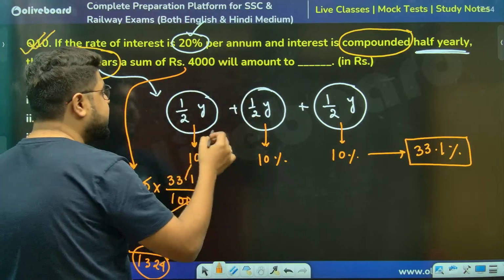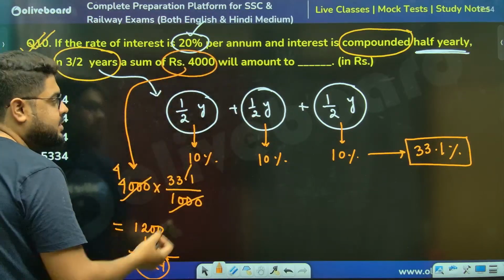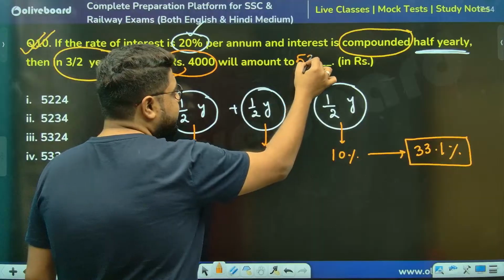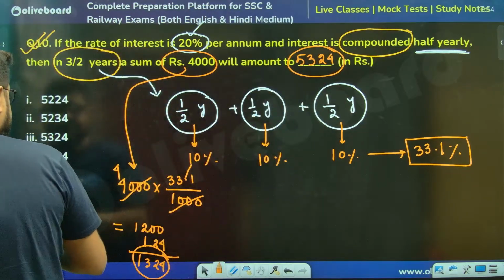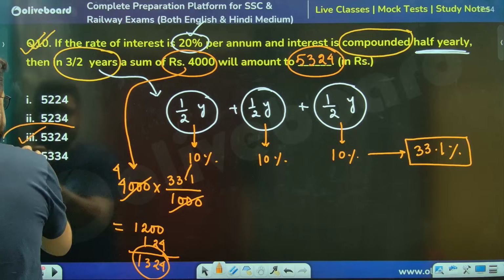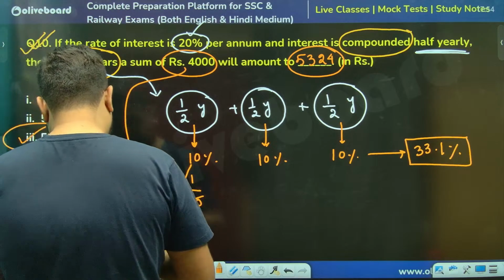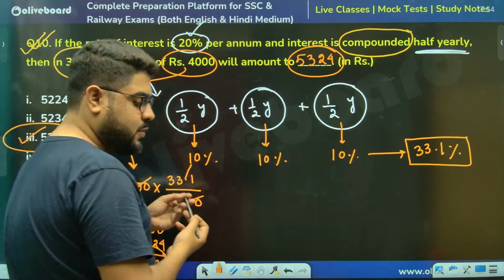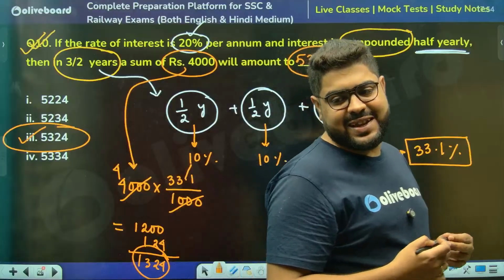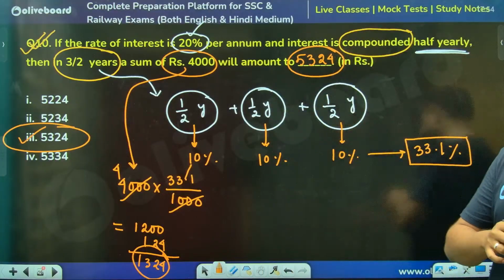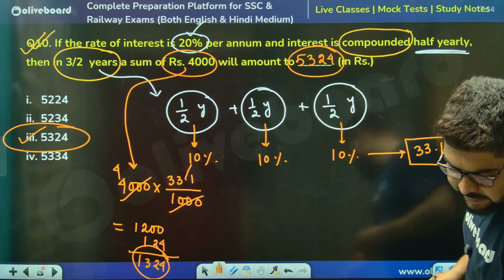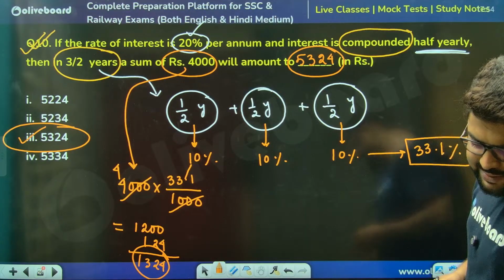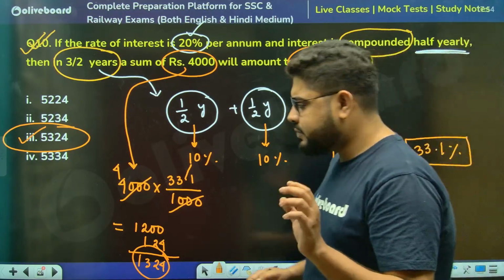The amount will be principal plus interest, 5,324 rupees. Not a difficult question. 5324, option number 3. Compound interest is only difficult? That is not the case. Clear, everybody? Very simple question.